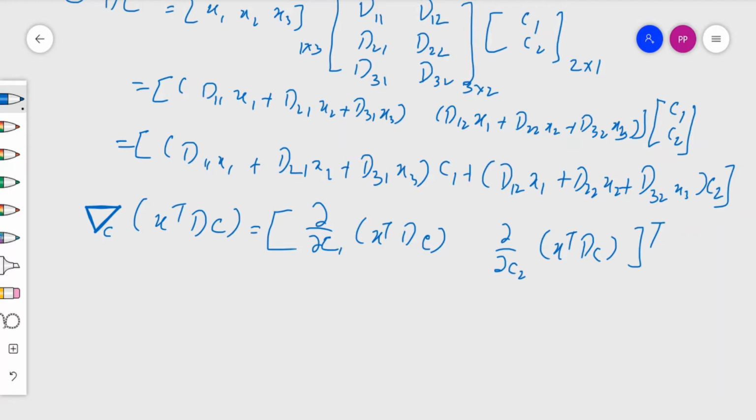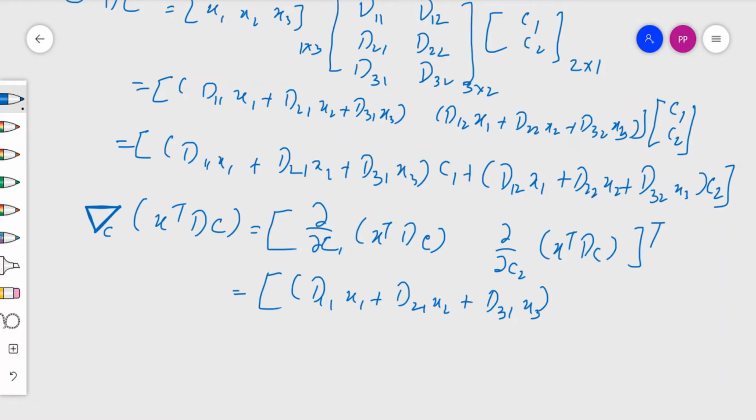So this is equal to, when you differentiate with respect to C1, the first term will be left, the second term will be 0. So D11 x1 plus D21 x2 plus D31 x3.